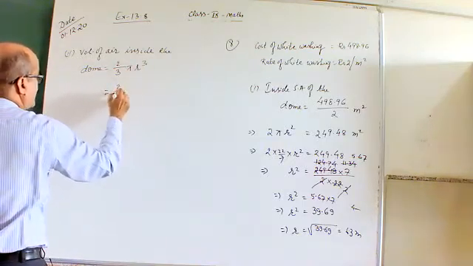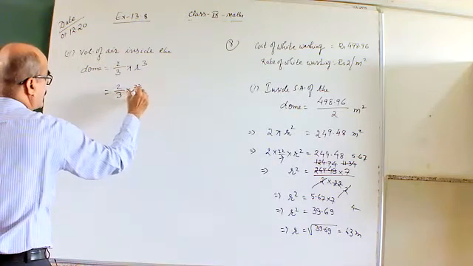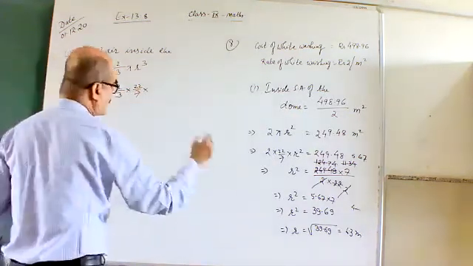Okay, so 2 by 3, value of pi is 22 by 7 and r is 6.3.